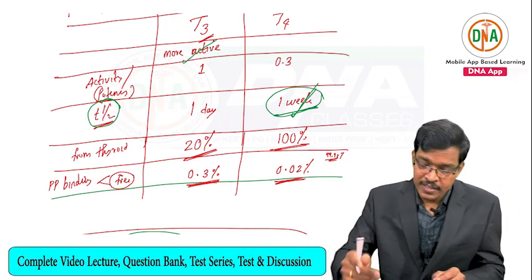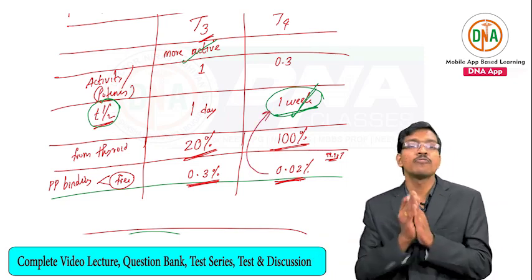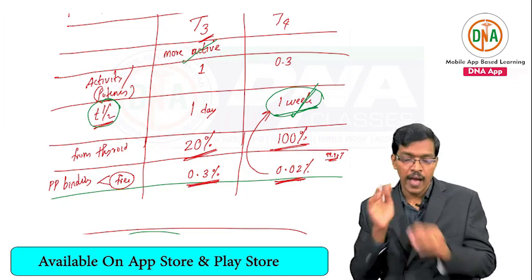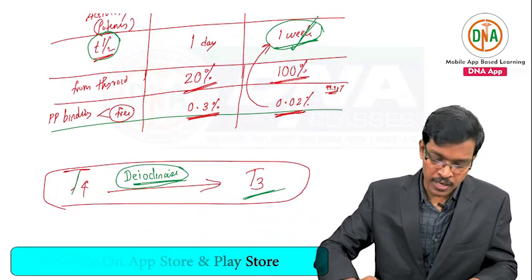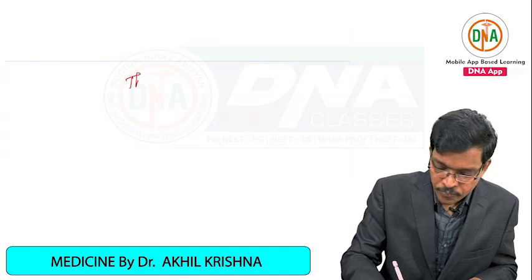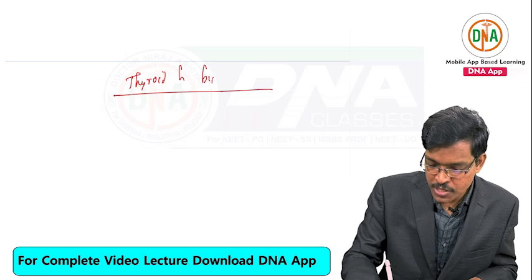This is the reason for the prolonged half-life of T4, because most of the T4 is bound to plasma proteins. And what plasma proteins is it bound to? Thyroid hormone binding proteins in the plasma.